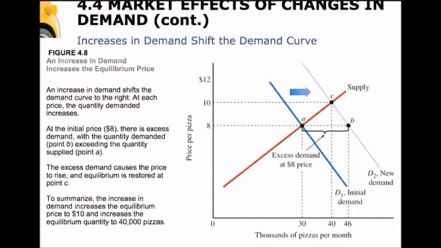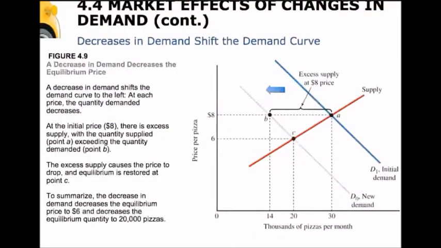Well, at the old price of 8, and the new demand curve, D2, and supply curve, there's an excess demand for whatever good we're looking at. Here we have pizzas. Anytime there's an excess demand, we expect to see prices rising. So when we look at the effect of an increase in demand, we see prices rising and the quantity traded in the market rising as we move from one equilibrium at point A to the next equilibrium at point C.